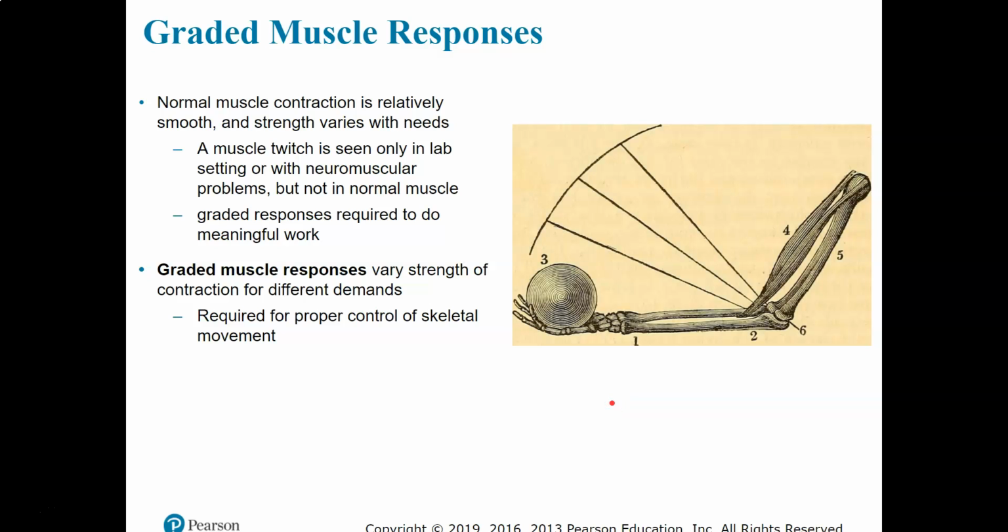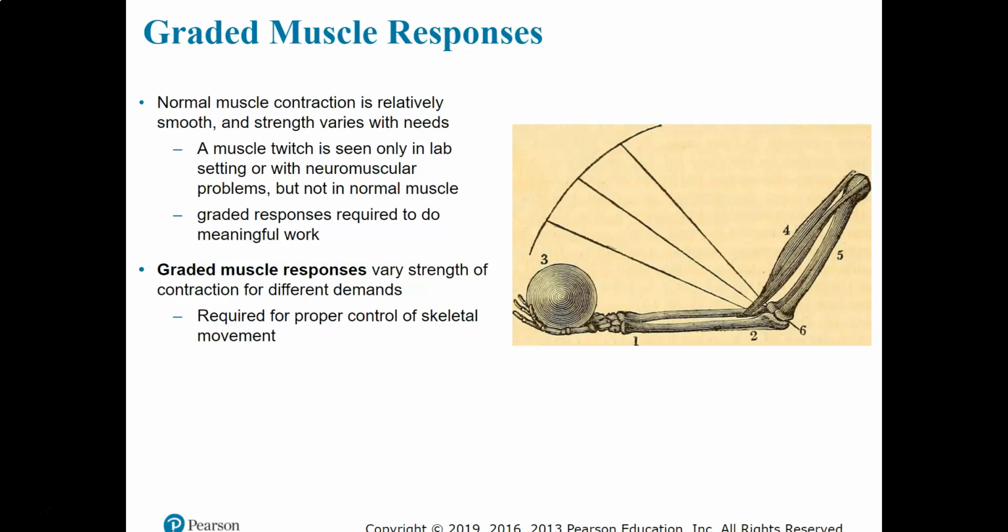A muscle twitch is not actually normally how our muscles work. We only actually see a muscle twitch in either a lab setting or if there's some sort of neuromuscular issue, but not in normal muscle work. Actual meaningful work is going to use what are called graded responses.